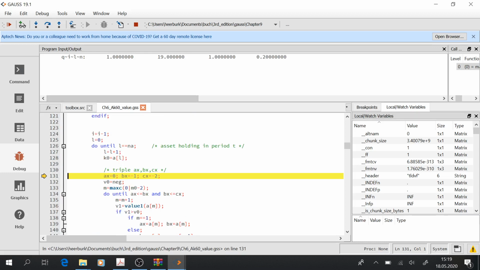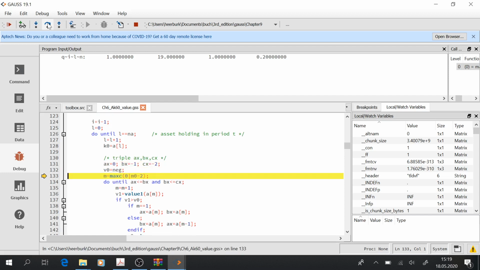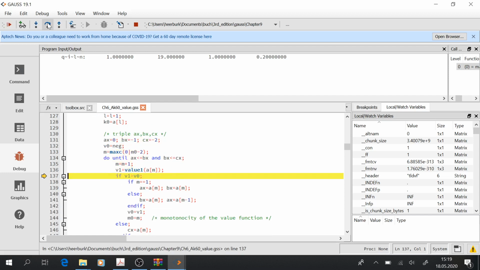Now we compute the value function at the second grid point, and the second grid point is A equal to 0.050251. And we do the same computation over again. So if at age 59 our initial capital stock, our wealth, is equal to 0.05, what is the value of the right-hand side of the Bellman equation if next period at age 60 we have 0 wealth?